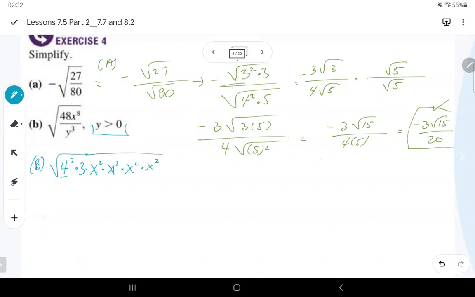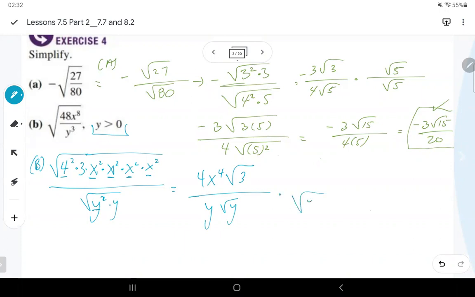So we can pull out a 4 and 1, 2, 3, 4 x's over square root of y squared times y. So we'll bring out 1 y and leave a y. So you're looking at 4x to the 4th square root of 3 over y square root of y. We can't have the square root of y left on the bottom there. So we need to multiply top and bottom by square root of y.